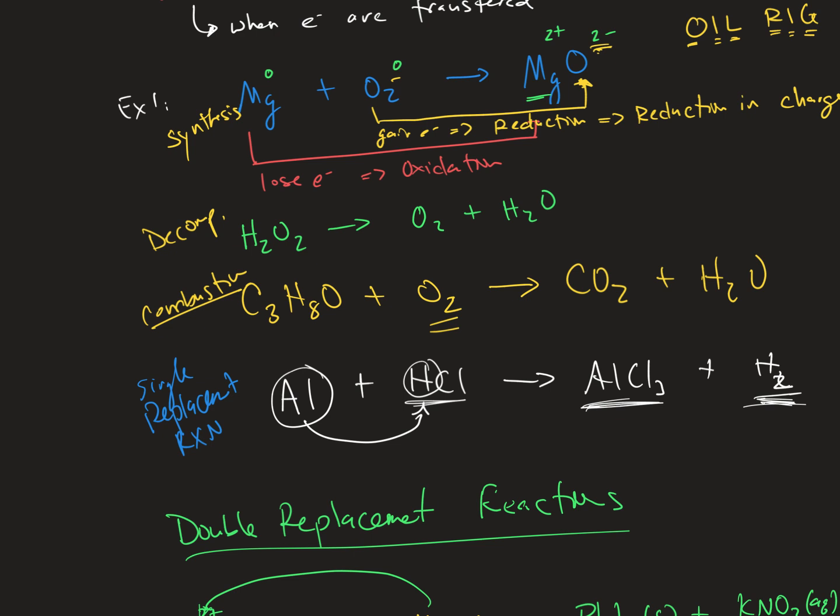That tells us it's an acid. When hydrogen is the cation, we're dealing with an acid, if it's an aqueous solution. And if hydroxide is the anion, the OH is the anion, that is the base, if it's an aqueous solution.